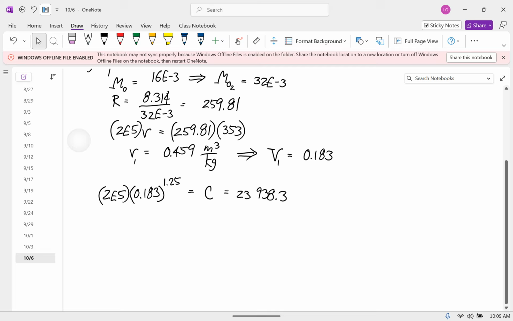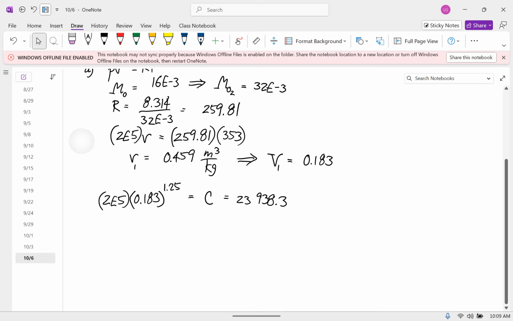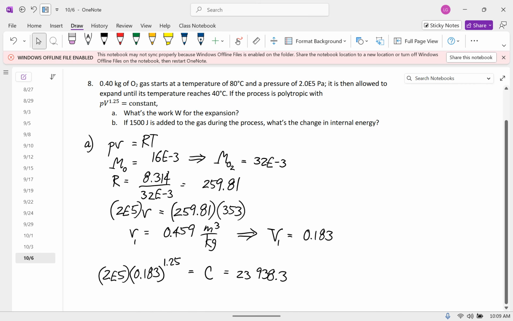And now we can figure out the final volume because we know, oh no, we can't yet.